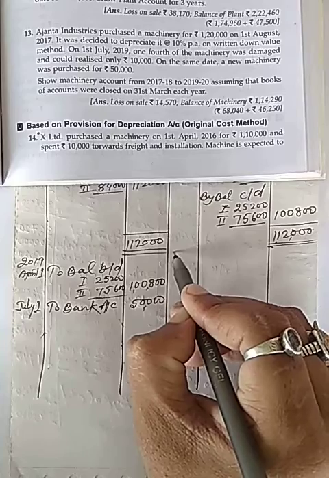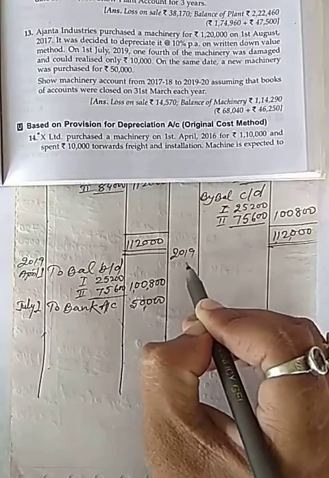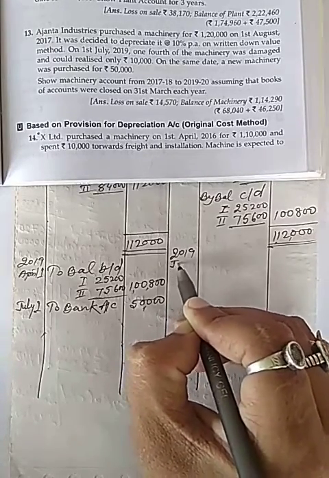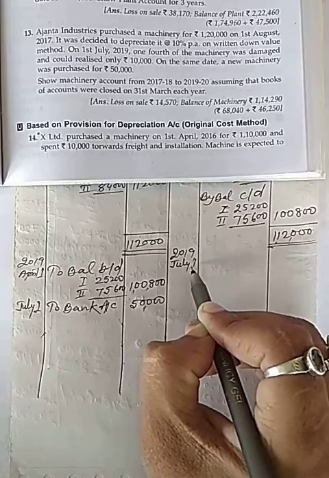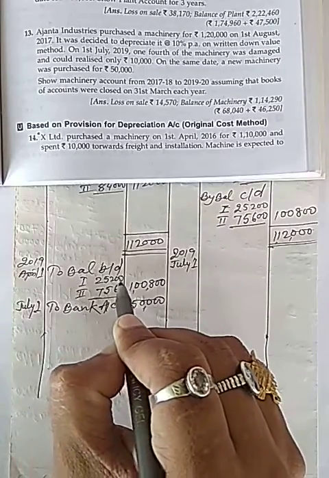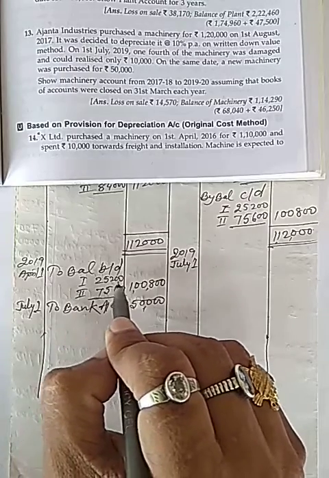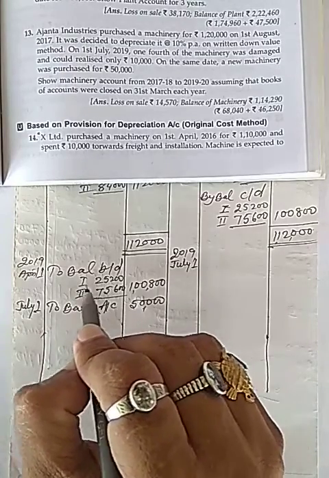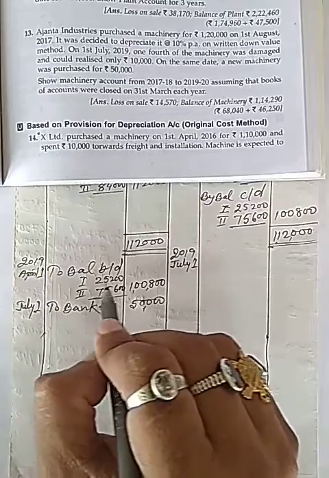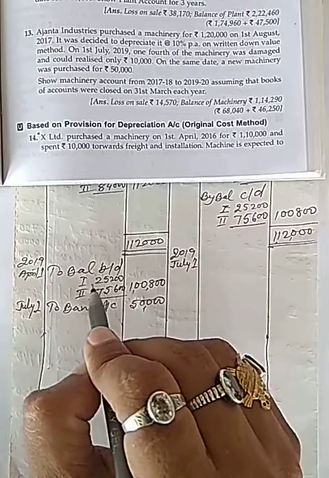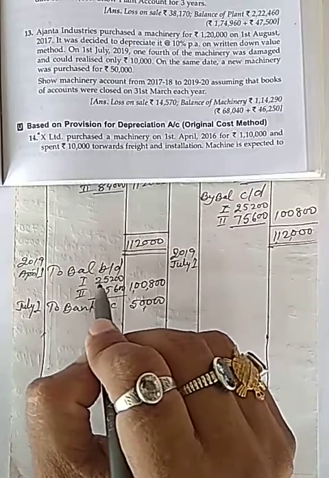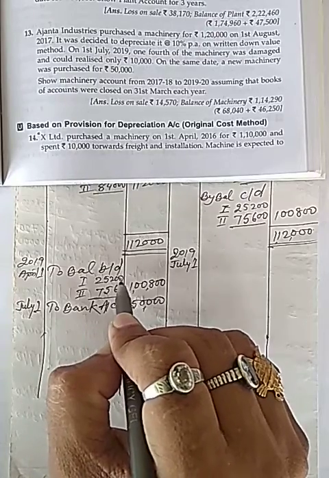On 2019 July 1st, first part, it means 1/4 of machine damage, and I have separate already 1/4 of machine and depreciation also charged separately.